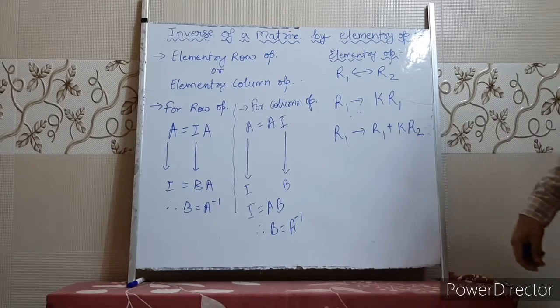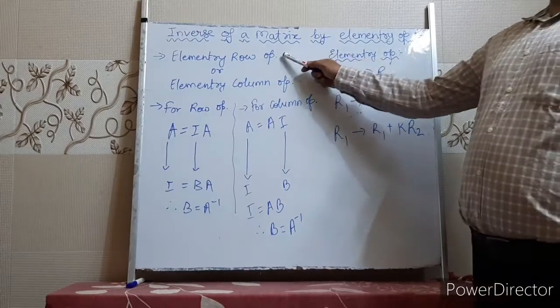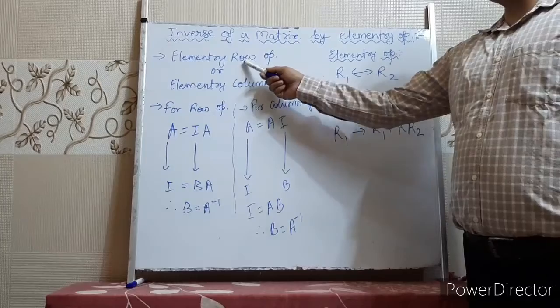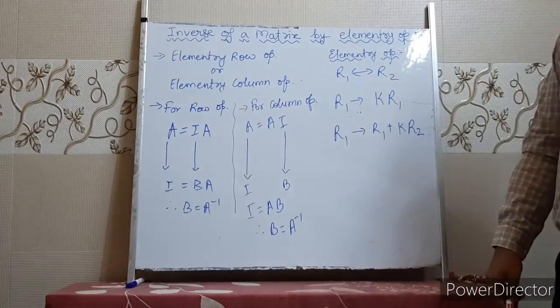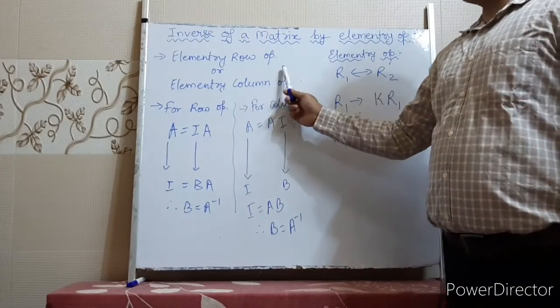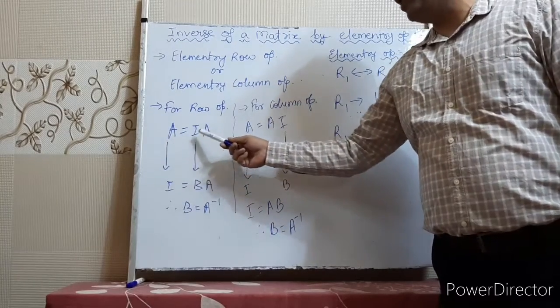Now for finding the inverse, there are two things that we need to keep in mind. First, we are calculating the inverse either by row operations or by elementary column operations. Suppose we are calculating the inverse by row operations, then we apply the format A equals IA.